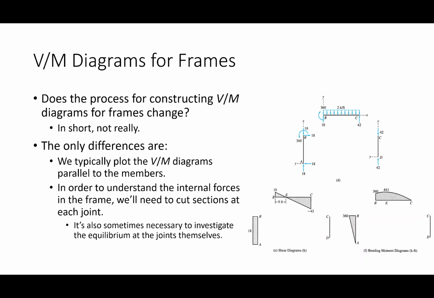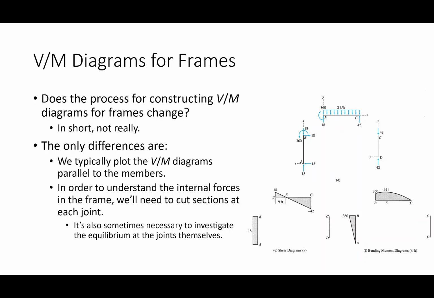The way a software program will construct shear and moment diagrams is it will go based on joint order. In a software program, you don't number your joints. You don't go A, B, C, and D. The software program is going to number them: joint 1, joint 2, joint 3, joint 4, etc. And the software program will construct the shear and moment diagrams from lowest number joint to highest number joint.